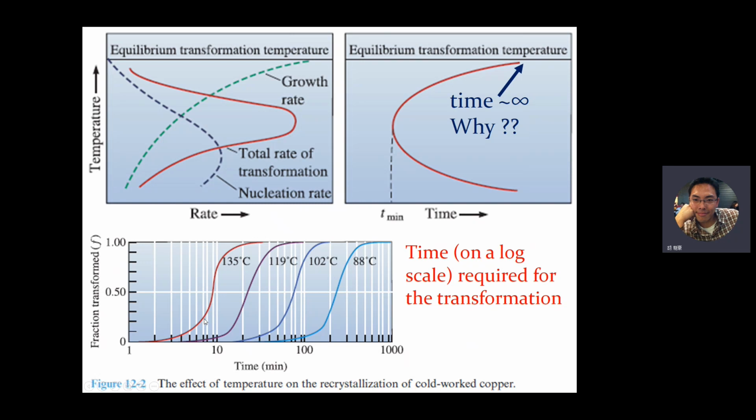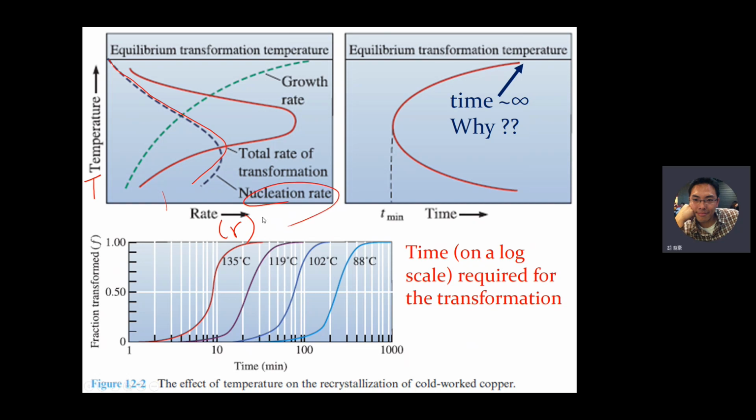So after we find out this rate, which is the reciprocal of the time of 50% of phase transformation, we can plot the relation between temperature and rate. This blue dotted line here is the nucleation rate.